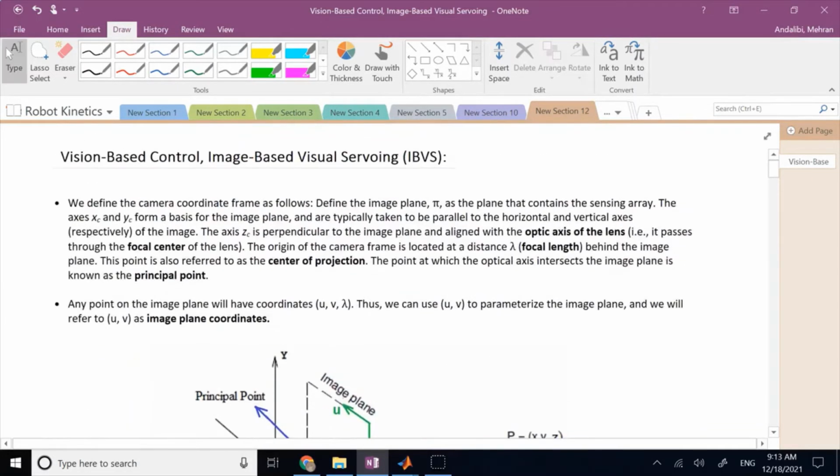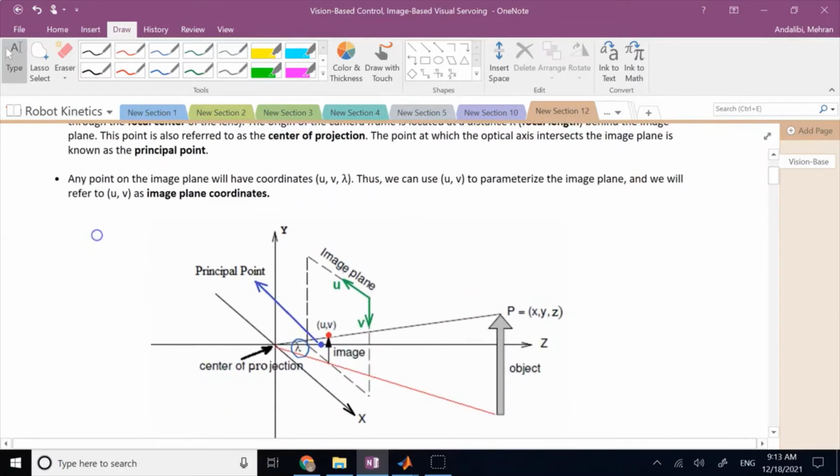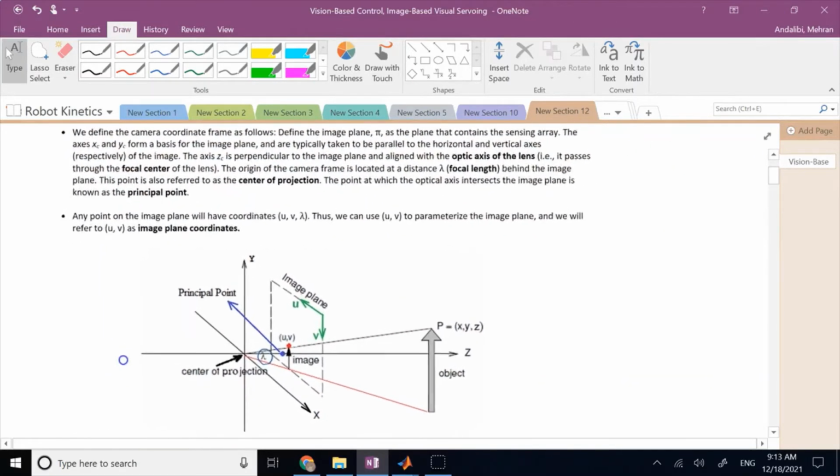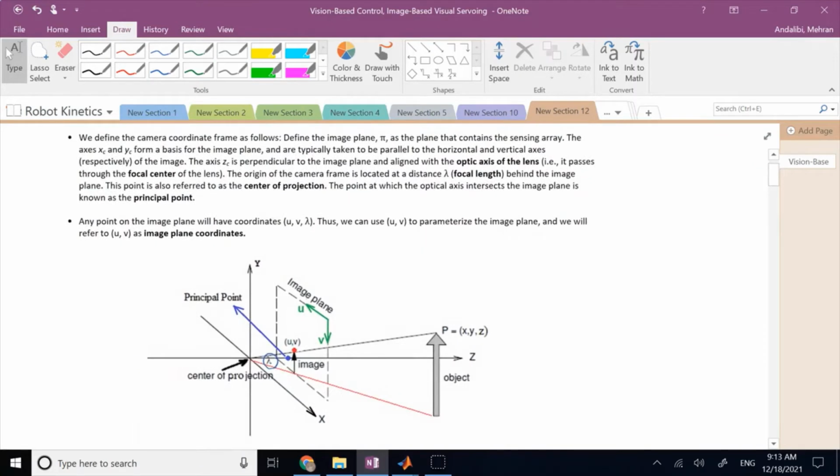So first thing first, how do you model a camera? How do you talk about projection of the world onto the camera image plane? So here again, we are using the simplest camera model, called the pinhole model, which is used for perspective projection.